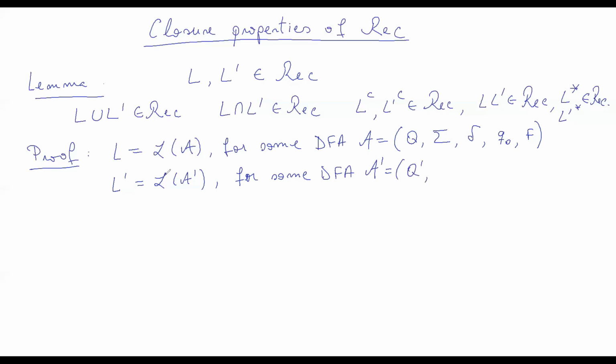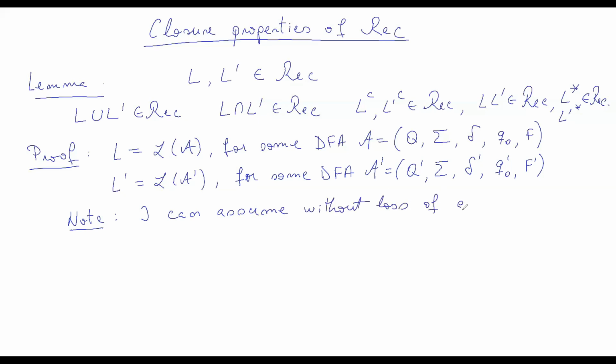Now, because I do operations on these languages, they have to be over the same input alphabet, otherwise their union doesn't make much sense. So they are over the same input alphabet, with some other transition function, obviously some other initial state, and some other final states. And here is an important note. I can assume without loss of generality that these are different states.